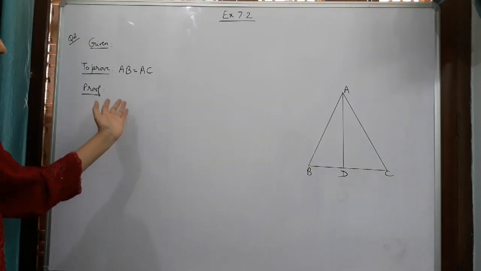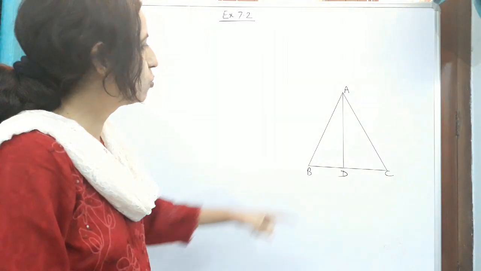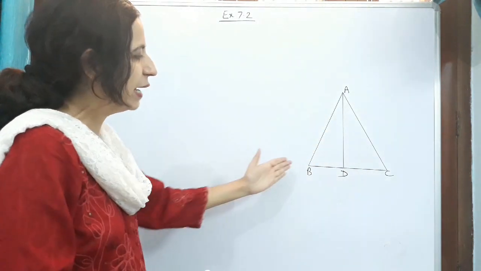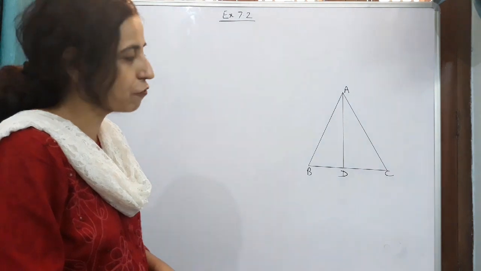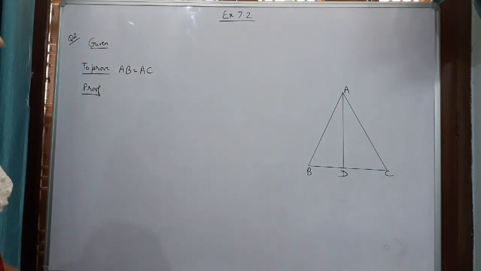Now let us start off with the second question. It is a very simple question. Here it is given to us that in triangle ABC, AD is the perpendicular bisector of BC, and we have to prove that AB is equal to AC.